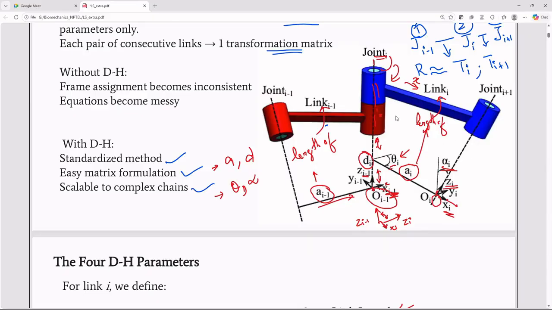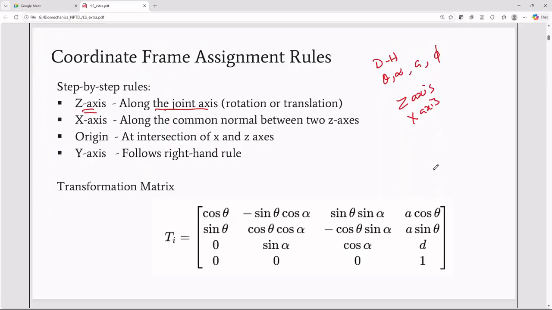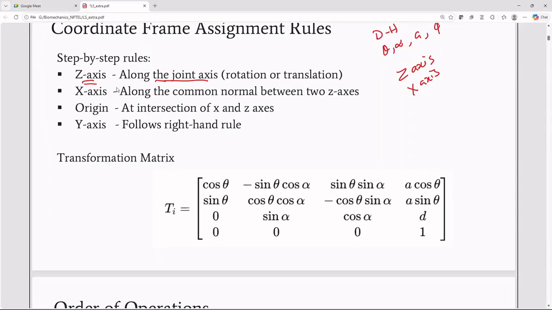The direction connecting both z axes will be termed the x axis for that particular joint. So that's why we fix the z axis and x axis.